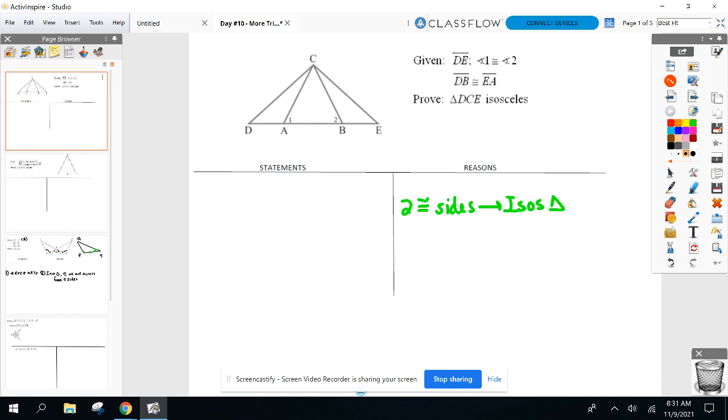If you prove the angles instead, just substitute in angles now instead. And do I need that exact wording? No. I just don't want the definition of isosceles in there. If you want to say because my triangle has two congruent sides, it's isosceles, I'm fine with that too.